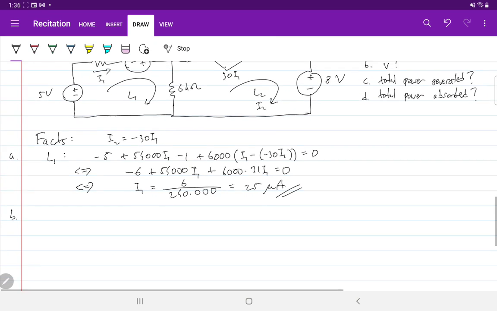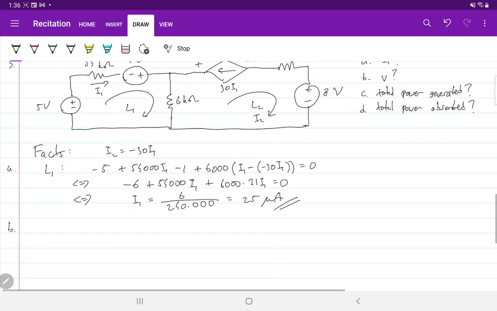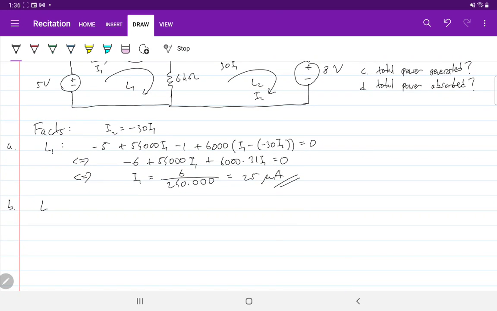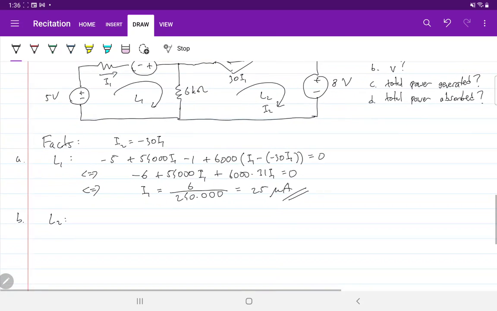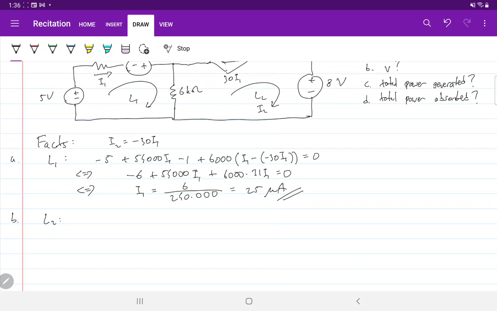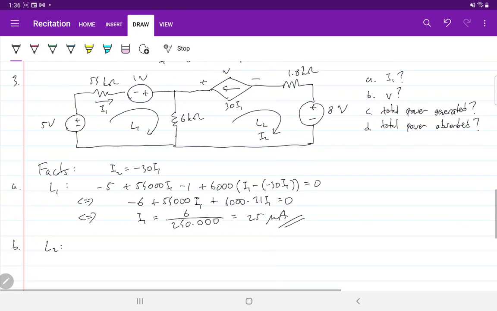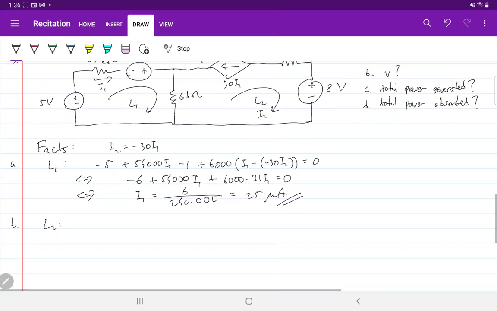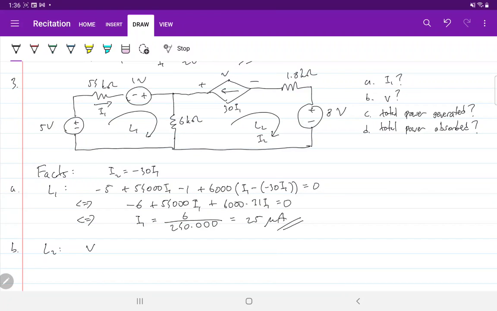How about B? We need to analyze the second loop to find the answers for B. So what's the voltage there? Starting from here, we have V, because we already defined the voltage on this source as V, plus 1.8k, so 1800, times I2.